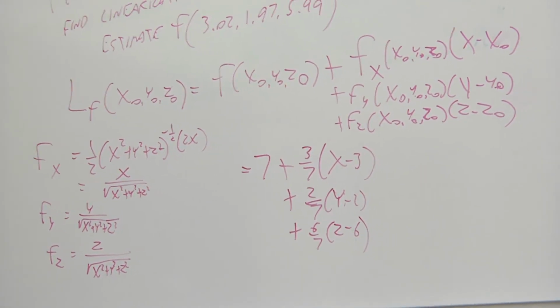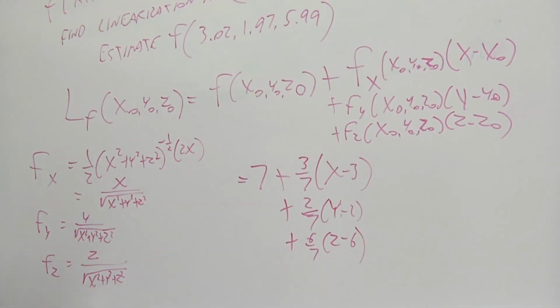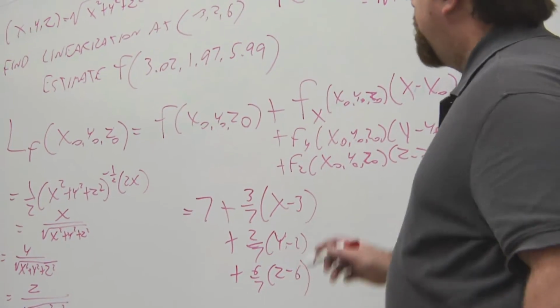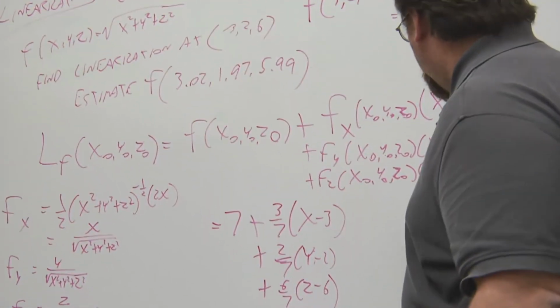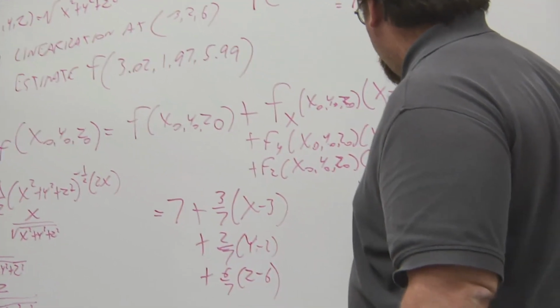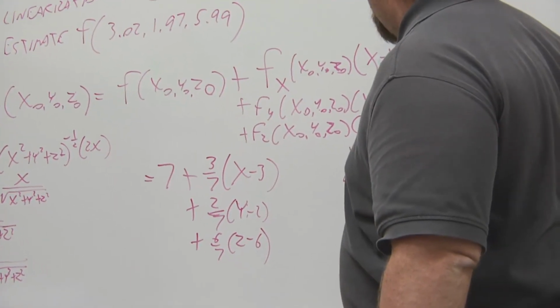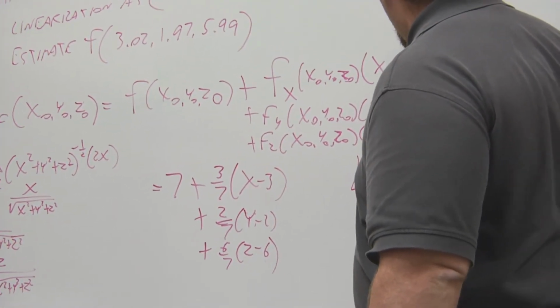Now, to get the approximation of f at this point, we compute the linearization at 3.02, 1.97, 5.99.